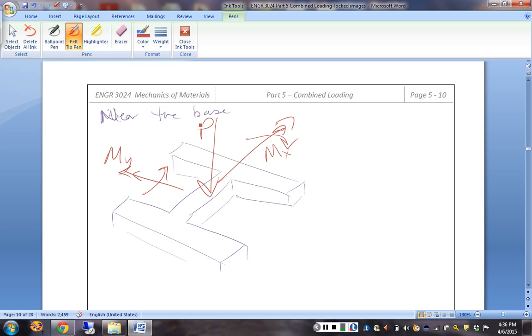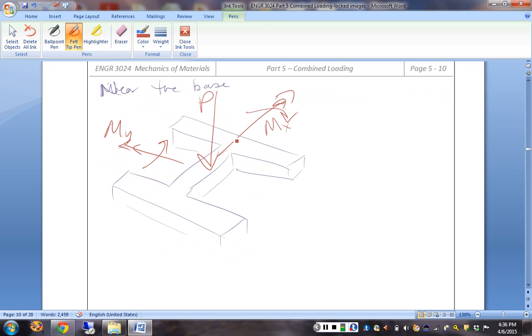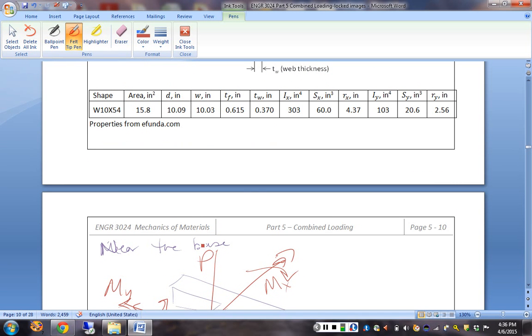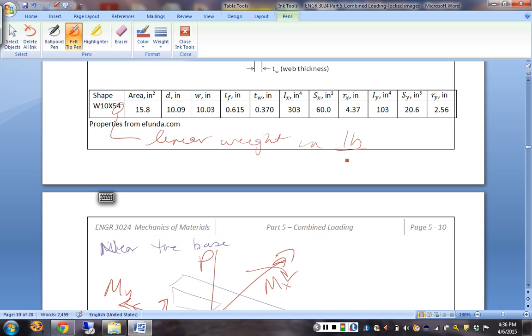We know that the applied force F is 10,000. But we're actually going to remember that this I-beam has weight of its own pressing down on its support. So we're going to add that in, and we have to figure out what the numerical values of these are. So starting with the axial, P is going to equal the applied force plus the weight of the beam itself. And a piece of trivia about this beam naming, that is a linear weight in pounds per foot.